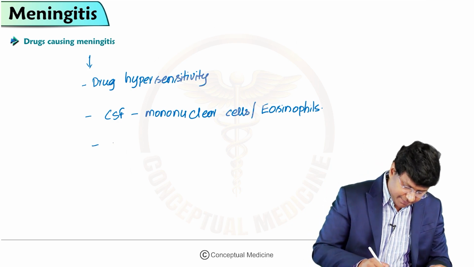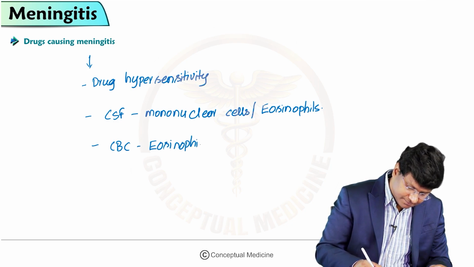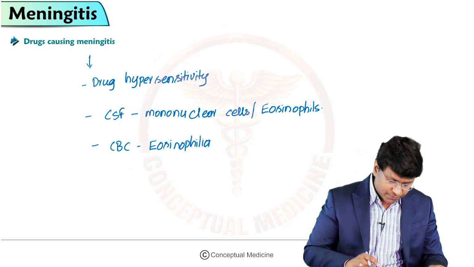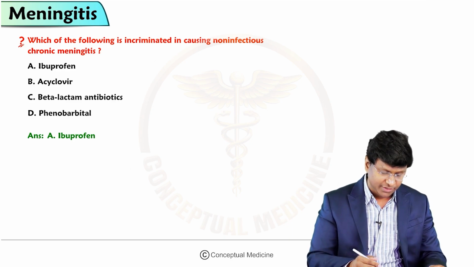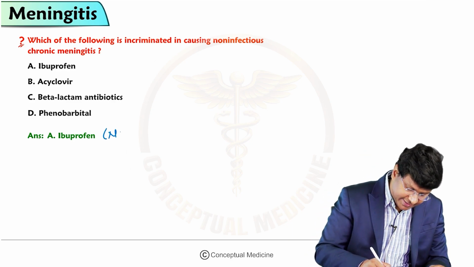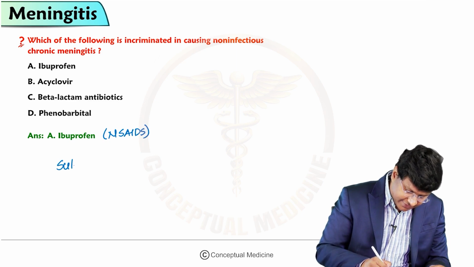And even the complete blood picture will show the presence of eosinophilia. Now, you need to know what the drugs are which are incriminated in the development of non-infectious meningitis. One is your NSAIDs, that is ibuprofen. Then antibiotics like sulfonamides will cause non-infectious meningitis.